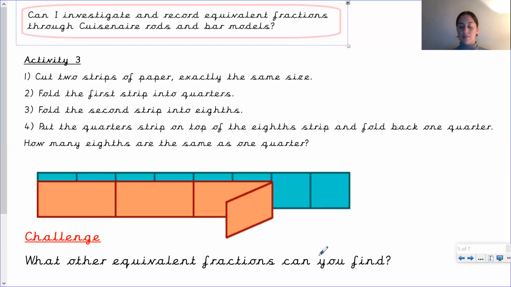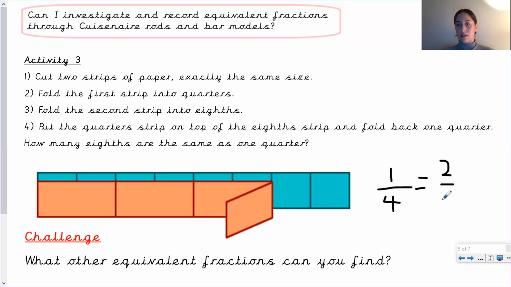What other equivalent fractions can you find? Well, when they folded back 1/4, they saw how many eighths were showing? 1, 2, 2 eighths. So 1/4 is the same as 2 eighths. Okay, have a go at doing the challenge and play the video when you're ready.